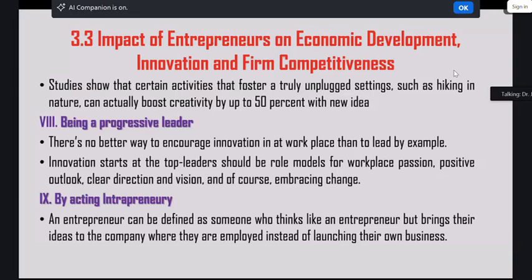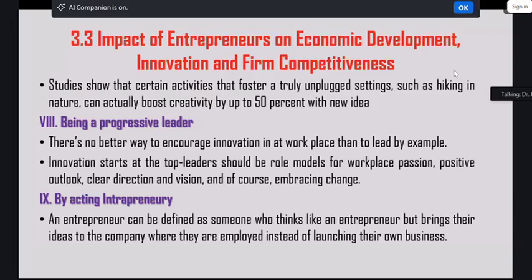You can have subordinates who are much more innovative, but if they don't have support from the top, no innovation will take place. So leaders should be progressive, lead by example, and show the way on how innovation should take place.